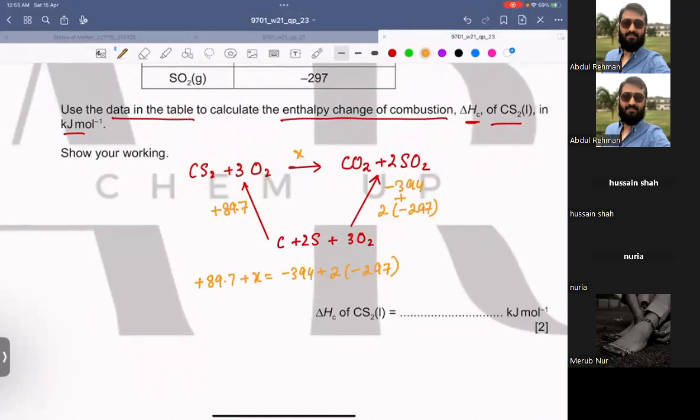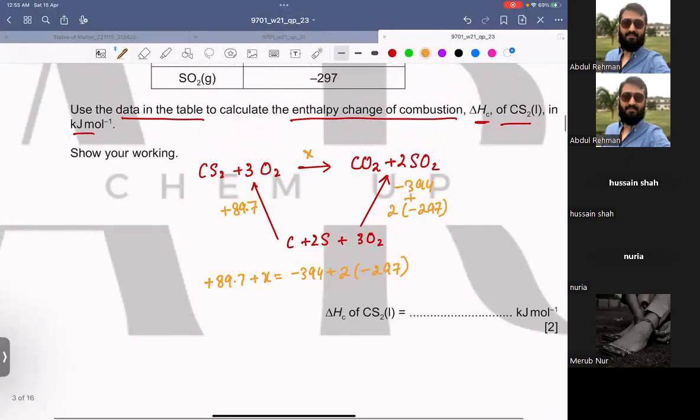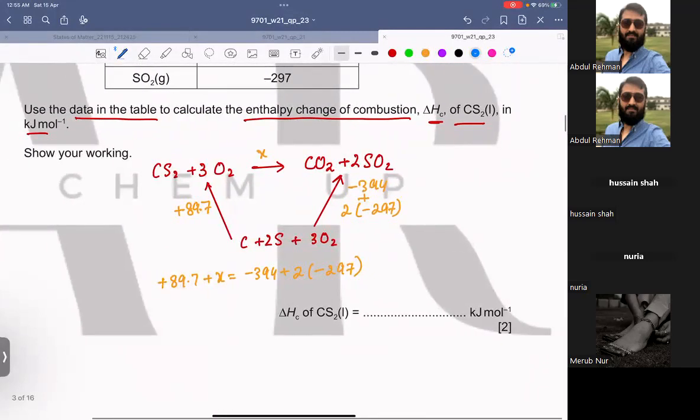So if I make X the subject, then it is minus 394 plus 2 times minus 297 minus 89.7. So can anybody solve it and tell me the answer?